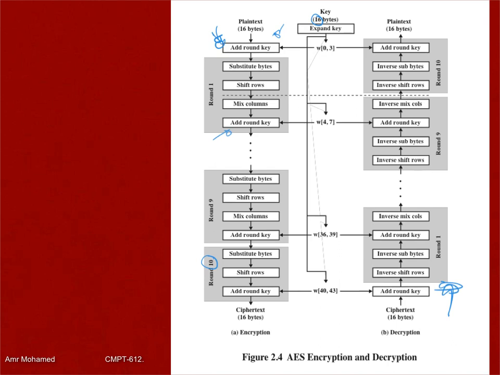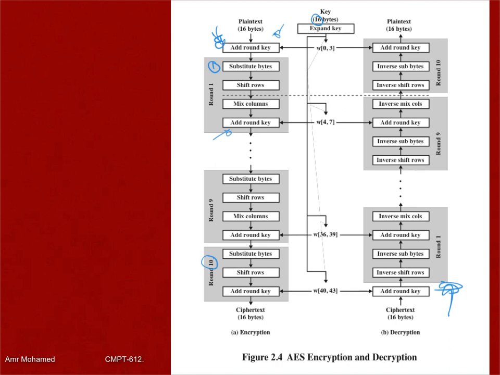Each of the rounds is actually divided into 4 different operations. One is called substitute bytes. And substitute bytes here, as we will see, is byte level. It's not that we take 6 bits and look up 6 bits and convert them to 4. No, it's byte level.